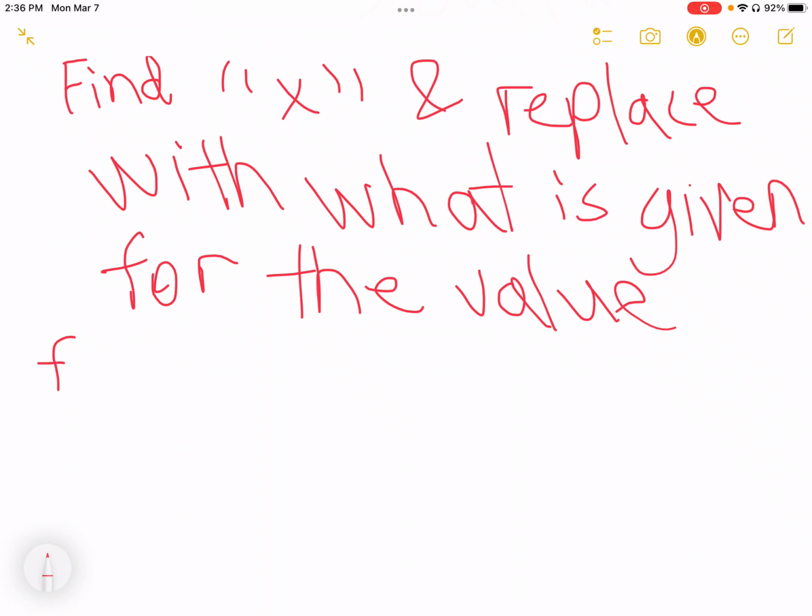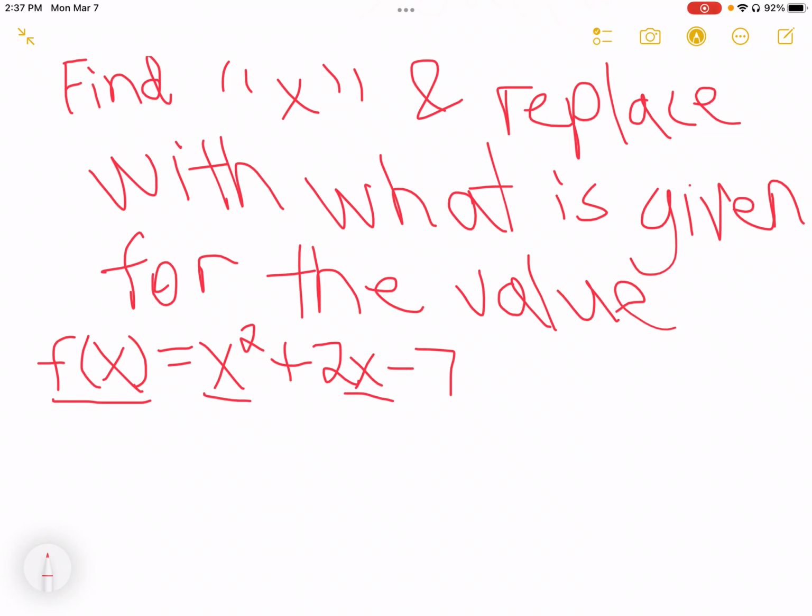We have f of x here. So f of x, all that means is that our function is related to or is dependent on what our value of x is, or it's a function of x rather. Okay, so then we'd say if we said x squared plus 2x minus 7, then that just means that if we have some value of x, it will go in the place right here, so x squared and then x right here.